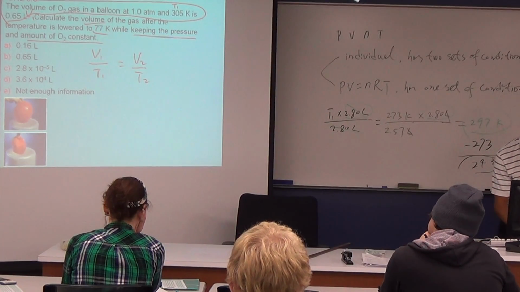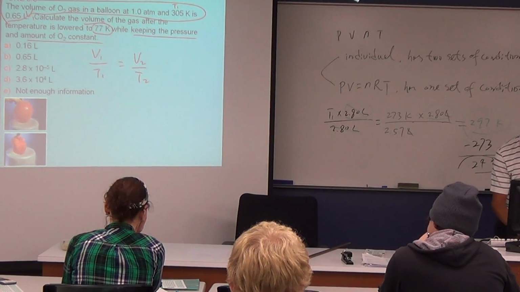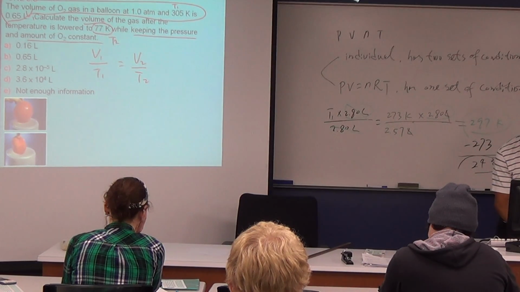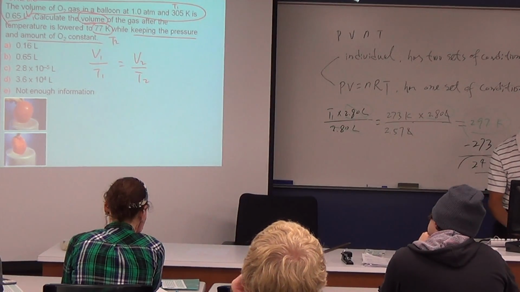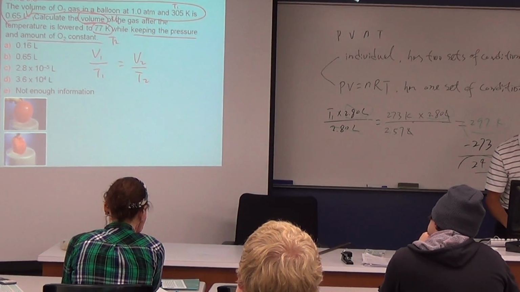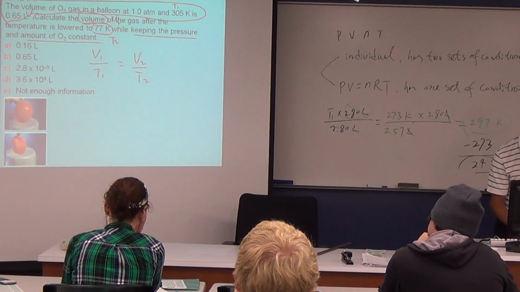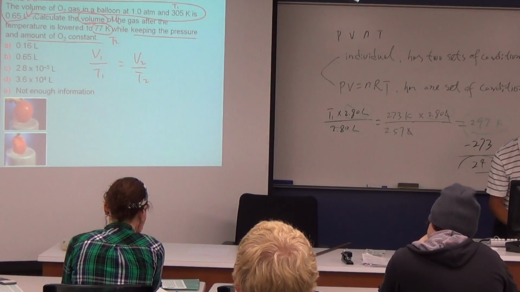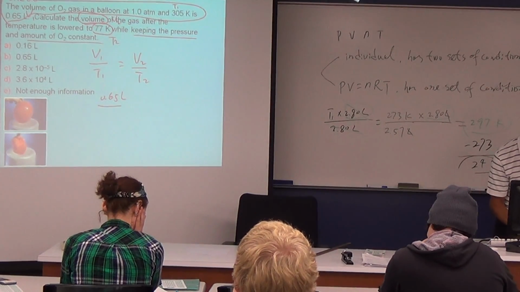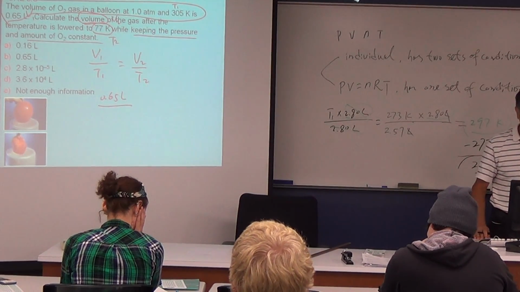And so then this is another temperature. Right? And this temperature will be T2. And this volume, calculate this volume, will be V2. Right, so then just substitute. Do we know V1? Yeah, 0.65 L. Do we know T1 in Kelvin?